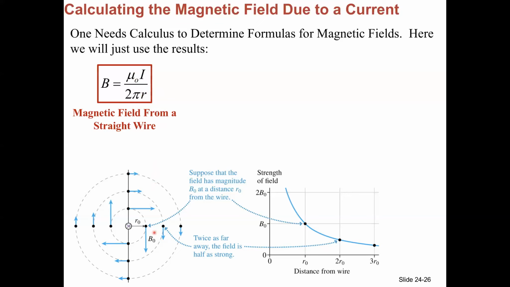So for instance, what this means is if you pick two distances here, we could start at a distance here, this would be r naught. The magnetic field at that point is here.